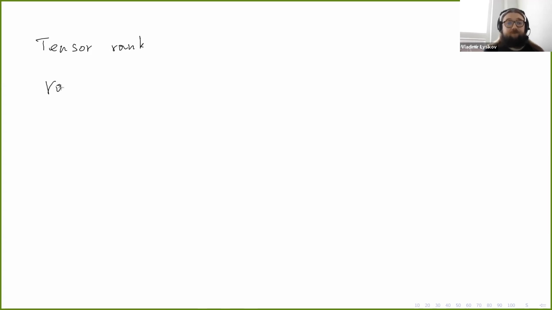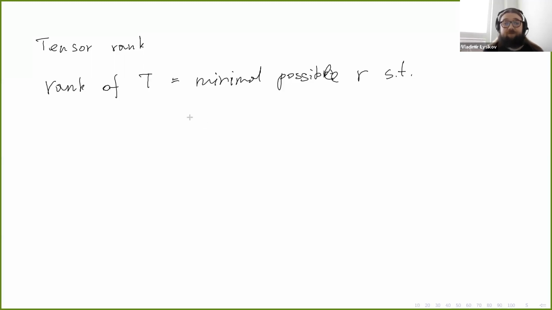The rank of T is the minimal possible R such that T can be represented in the form of this sum with R summands.